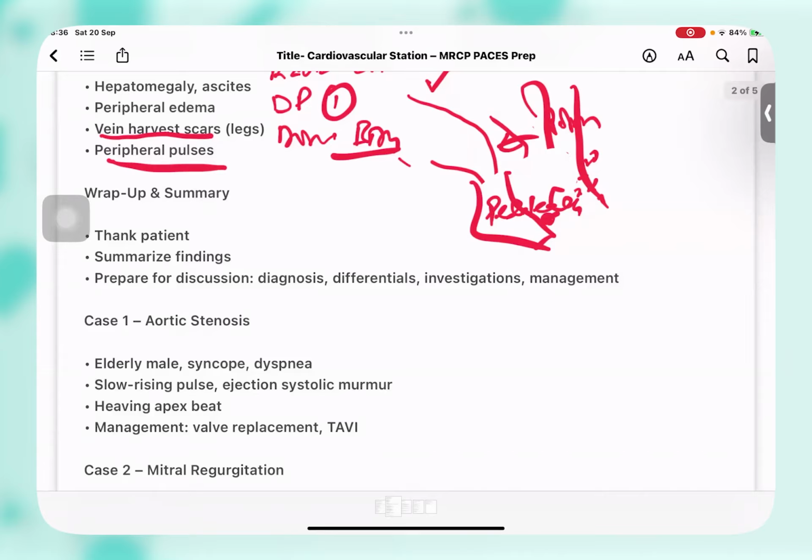Then move to the radial artery. Once in the radial artery, if you are very meticulous and you have practiced very fast, you can always check for Allen's test also. What is an Allen's test? So Allen's test is to check for the patency of the radial artery. No, it is done for the patency of the dorsal arch.